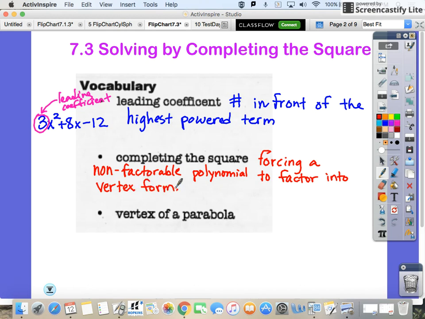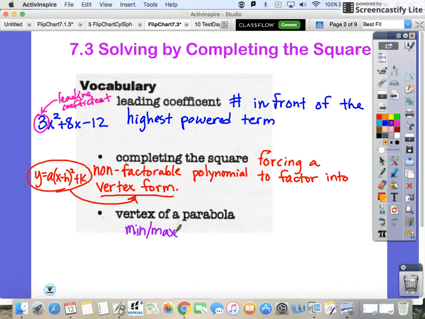Now we haven't talked about vertex form yet. We will do some more work with it, but vertex form looks like y equals a times x minus h squared plus k. So this is vertex form. So using completing the square gets us an equation that has this form. And then the last term we have is the vertex. So the vertex is like the minimum or maximum of a parabola or the valley slash mountain.